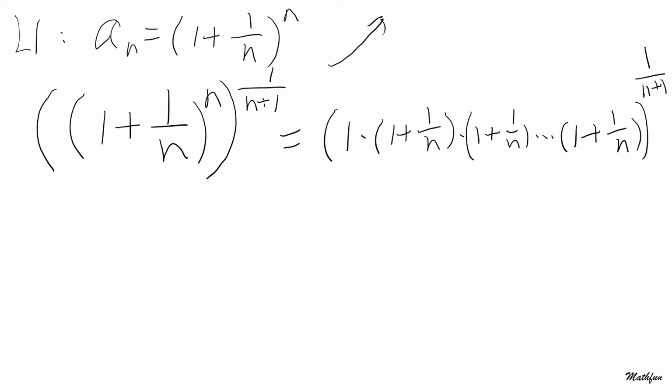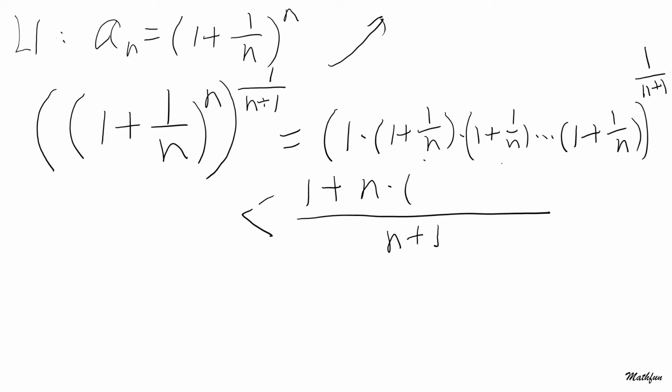So the geometric mean is smaller than the arithmetic mean. The arithmetic mean is divided by n plus 1, and then you will have 1 plus the reciprocal of n. All those ones are the same, and you have n items totally: n times 1 plus the reciprocal n.